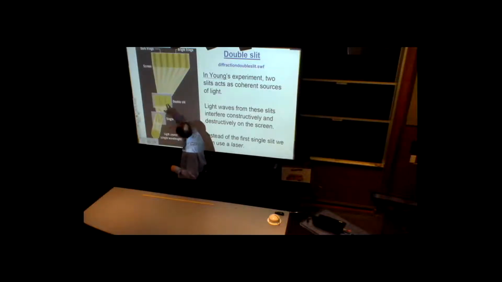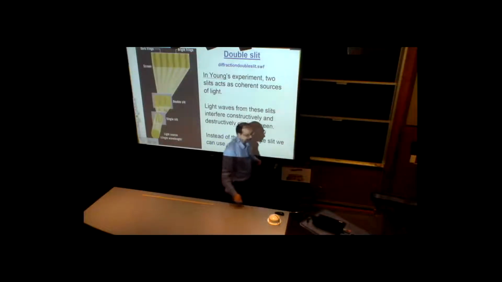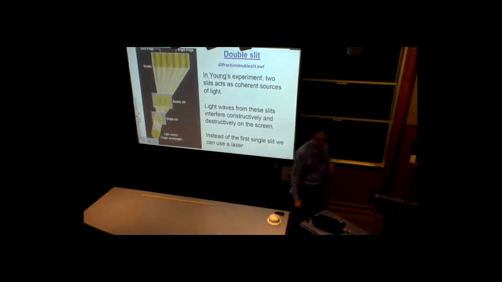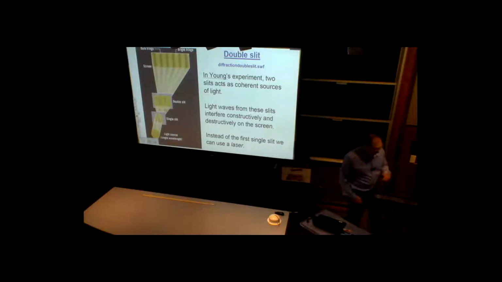To do that, we use two slits. We have to use very narrow slits, close to each other. Each slit like that starts acting like an individual source. And behind this optical device, the double slit, we should be able to see the interference pattern.